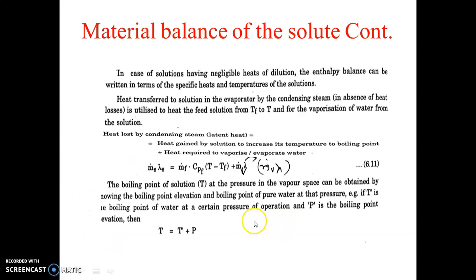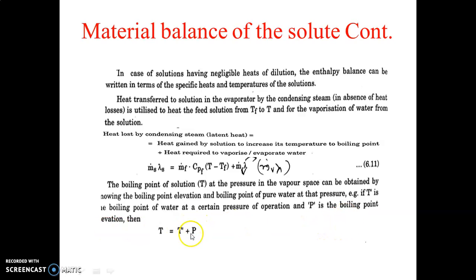Again, we have already learned about the boiling point elevation. So boiling point elevation should be added to the boiling point of water. By addition of these two, we get the boiling point of the solution. That means T dash is the boiling point of water at a certain pressure of the operation, that means the pure water boiling point, and then we have to add the boiling point elevation.